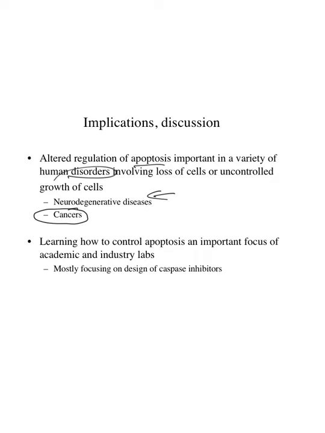That could be very helpful therapeutically. And not surprisingly, many labs are looking at whether this pathway could be exploited clinically. Maybe we could figure out a way to inhibit apoptosis to treat degenerative disease, and maybe we can figure out a way to drive it to treat some forms of cancer. So figuring out how to regulate caspases is an important part of that question.